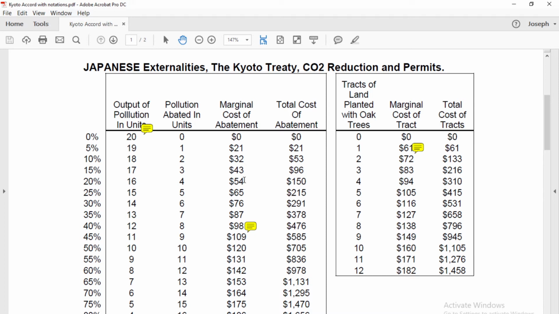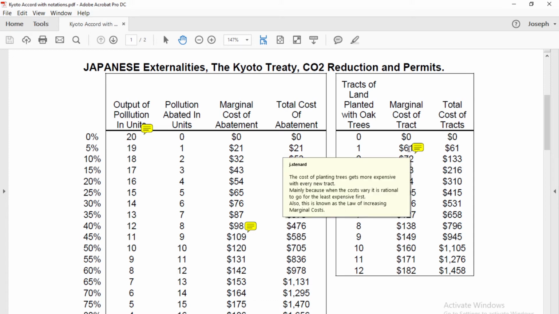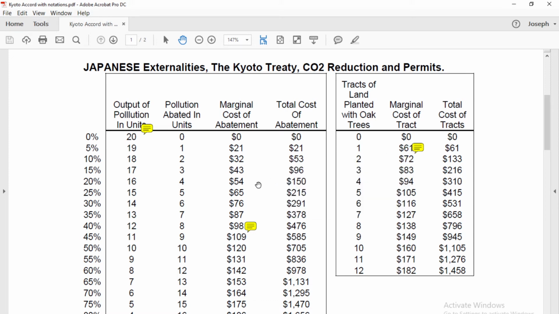So if I said to you, what's the most efficient way for Japan to reduce their total carbon footprint? You'd say, well, at first it would be abatements up to a certain point. But after 4 abatements, it would be better to plant a tree. And then after they planted the first tree for $61, they should come over here and do the fifth abatement for $65.